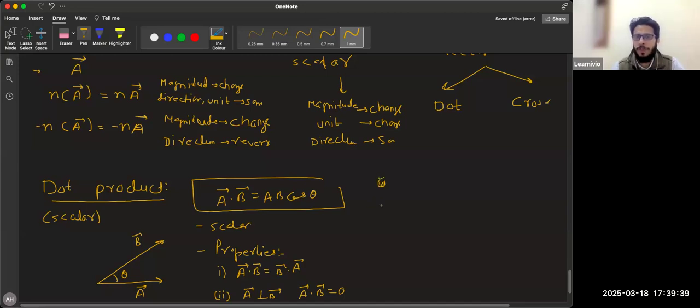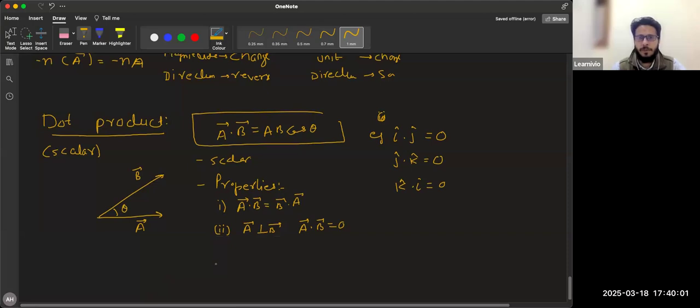So for perpendicular vectors, i dot j comes out to be 0, j dot k is 0, and k dot i is 0. Even if you switch the order, like j dot i, k dot j, or i dot k, it is the same.